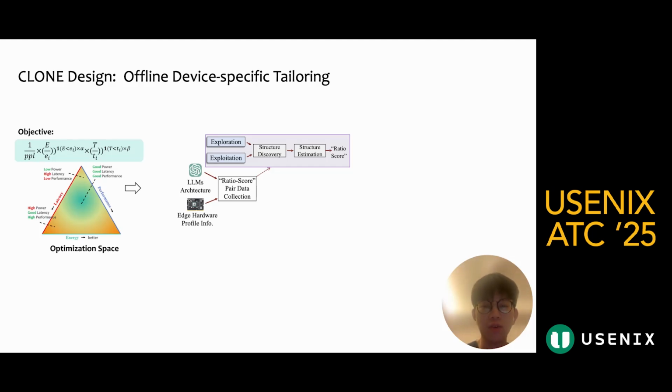So that Clone first gathers the data pairs, linking the layer-wise pruning or the structure pruning to the performance score based on the objective, so that we can form a series of ratio-score pairs.